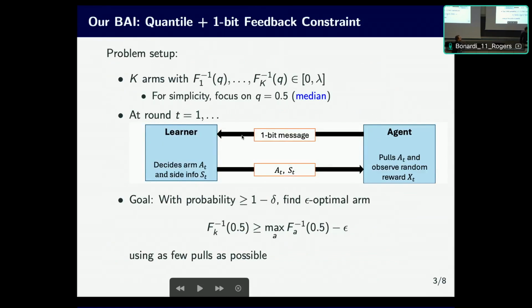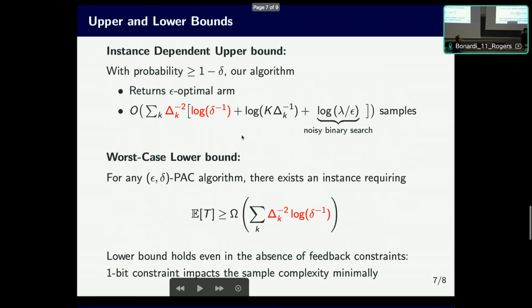Yeah, so maybe it's interesting to see whether we can tighten the lower bound, because there's this term. Intuitively, it feels like it's necessary when you have this 1-bit constraint, but surprisingly, it's hard to show this for a general 1-bit channel.